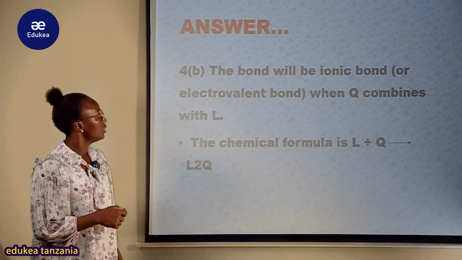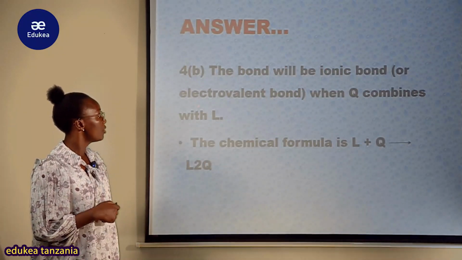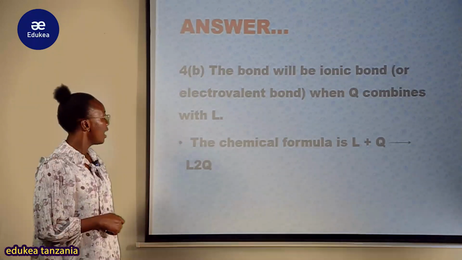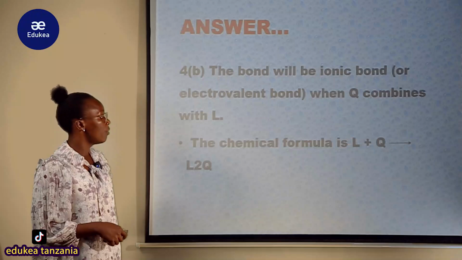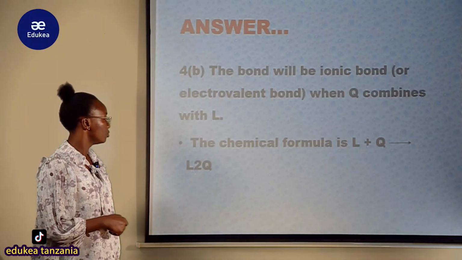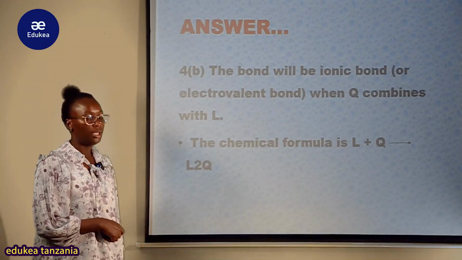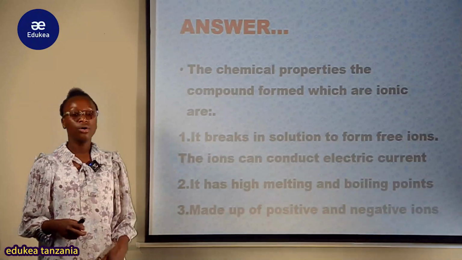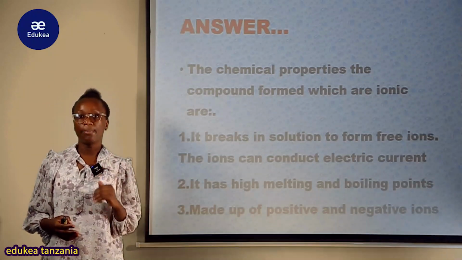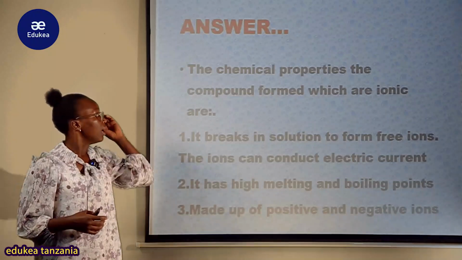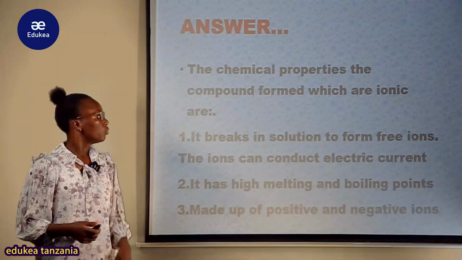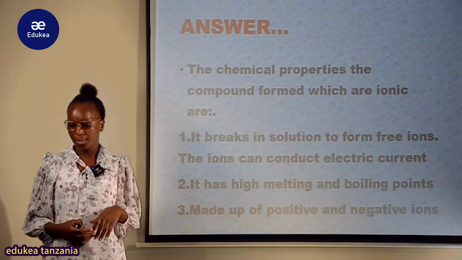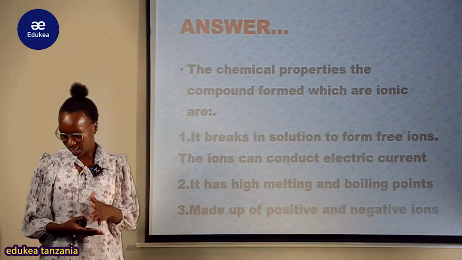So student required to state the bond, ambayo ni electrovalent bond. After that, the chemical formula of this compound L plus Q is equal to L2Q. This is the chemical formula, and now students were required to provide the chemical properties of the compound formed, which are ionic. Kwa hiyo unatakiwa utoe sifa za hii compound ambayo imekuwa formed, ambayo ilikuwa ni ionic.